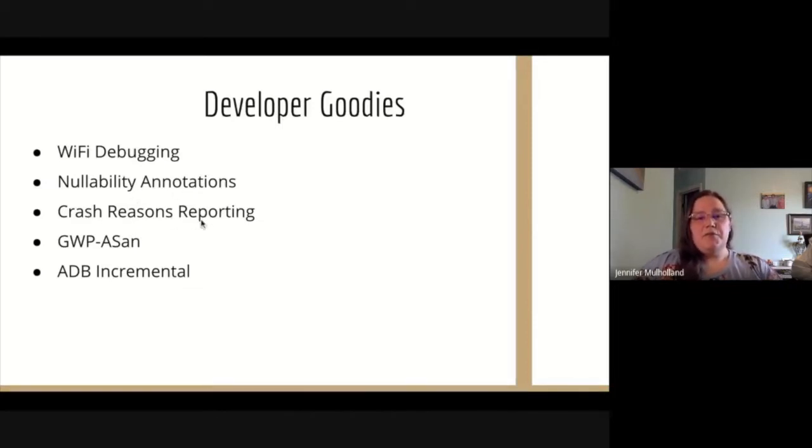Crash reasons reporting, where it gives more specific reasons why it's crashing, for those devices that are out being used by people where you can't see the specific reason why it's crashing, whether they don't have enough memory or if something else is getting in the way. And then GWP-ASan, and ADB incremental.